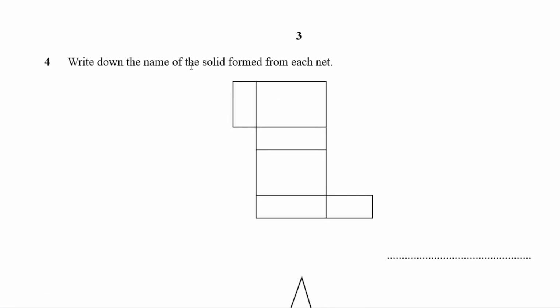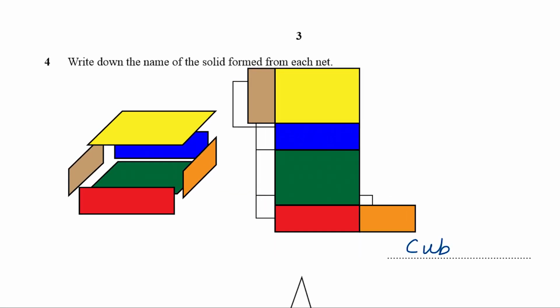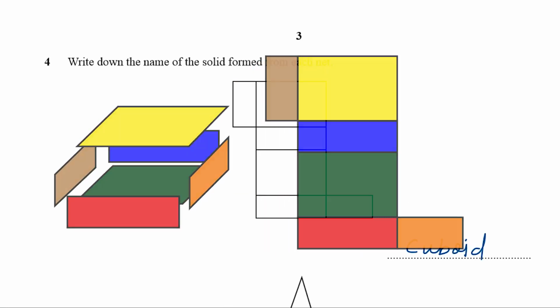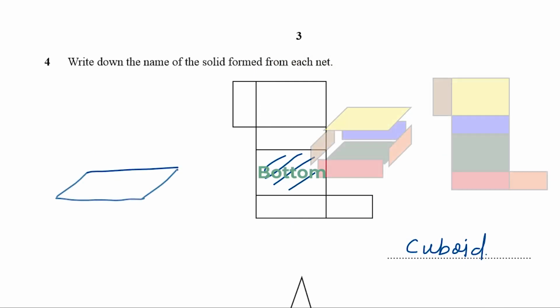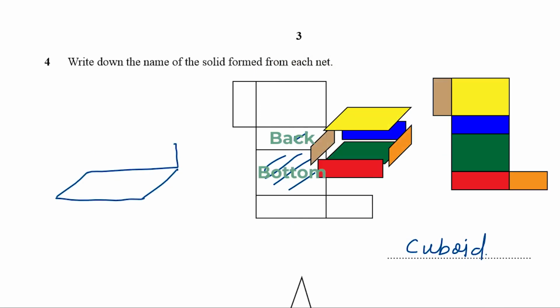Write down the name of the solid formed from each net. This is the net of a cuboid. So by taking this rectangle as base, when it will be folded, this will become this one.